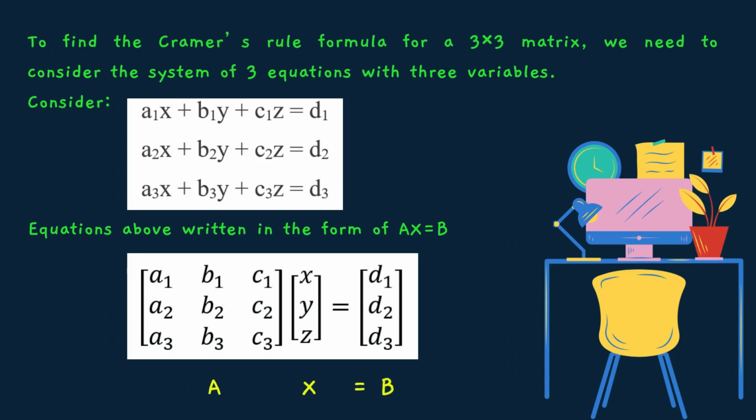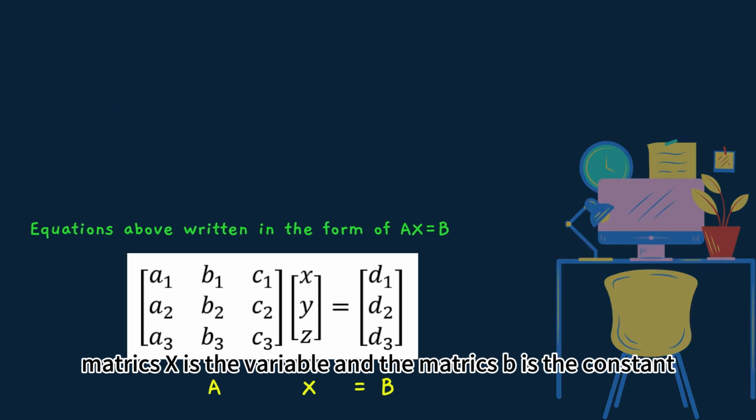In order to find the Cramer's rule formula for a 3 times 3 matrix, we need to consider a system of 3 equations with 3 variables. These 3 equations are the example, and we can write it in the form of AX equals B. The matrix A is the coefficient matrix, matrix X is the variable matrix, and matrix B is the constant matrix.